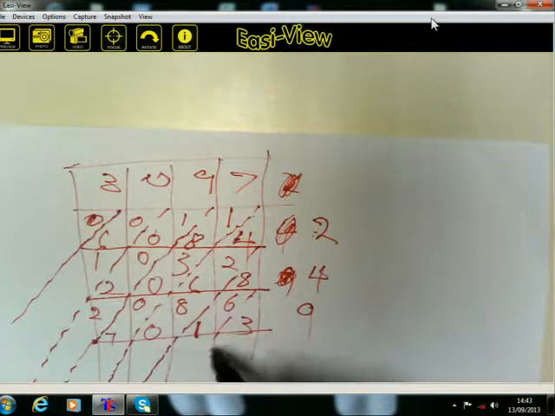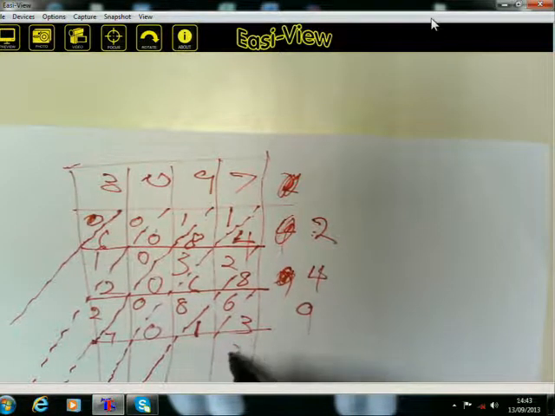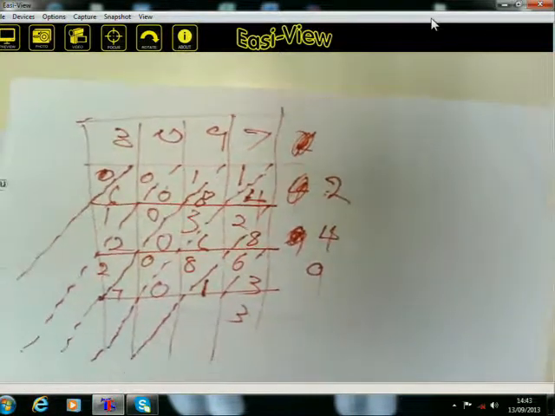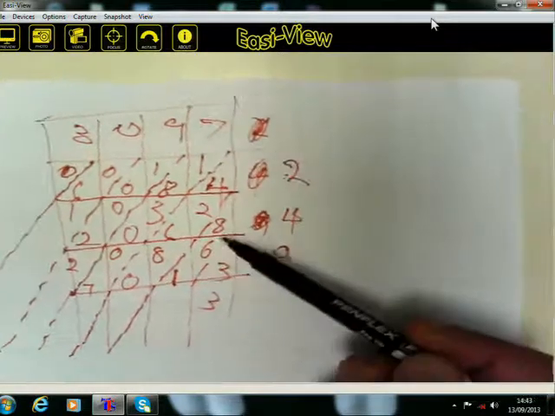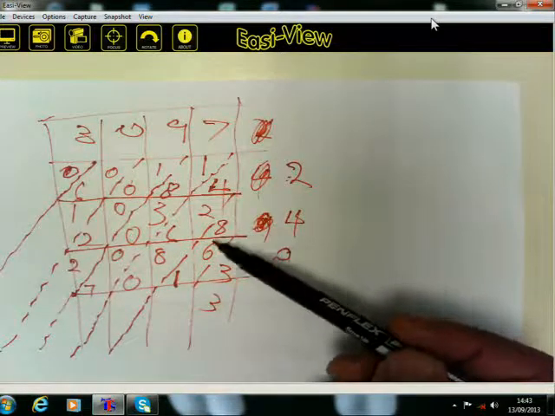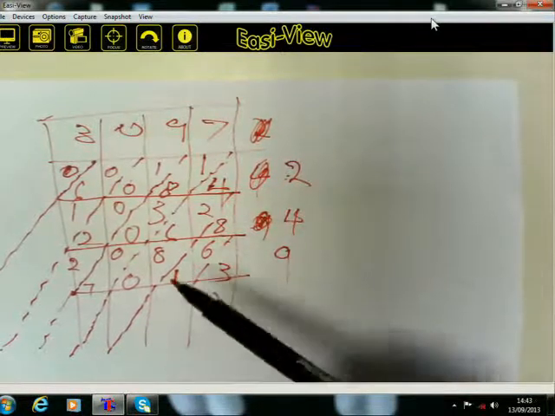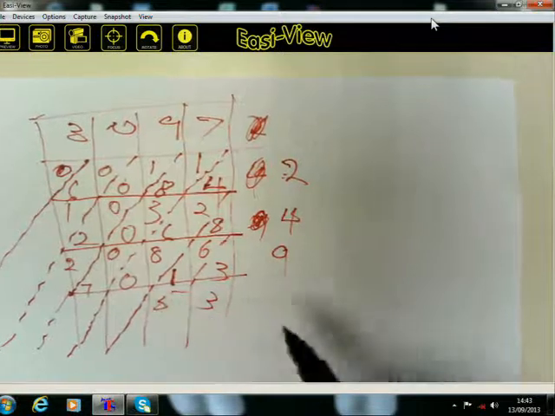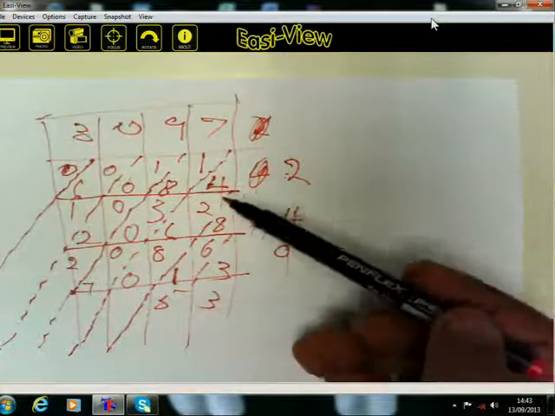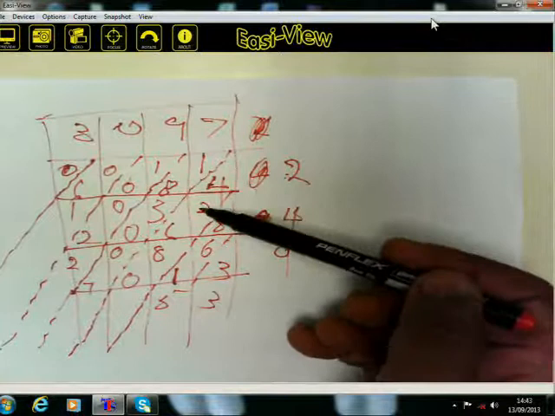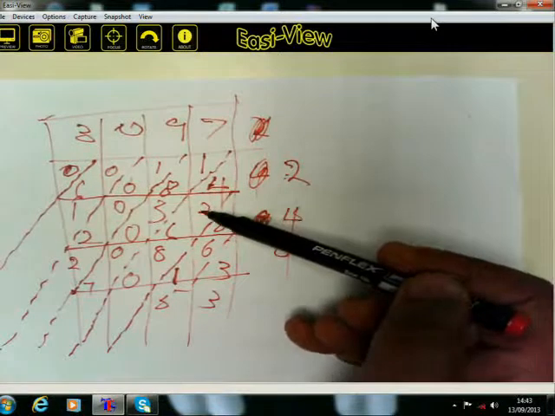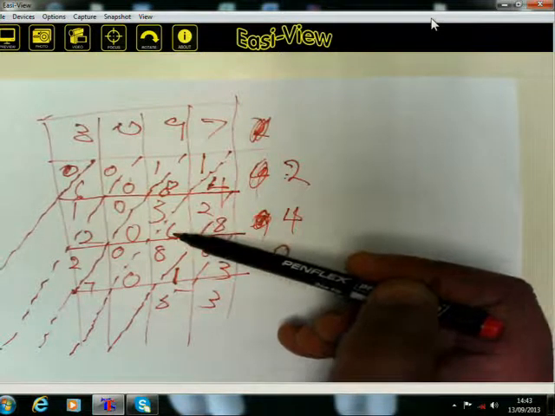Now you bring your numbers. You say it's 3. Then 8 plus 6 is 14, plus 1 is 15. You carry 1. You come to that one. 4 plus 6 is 10, plus 1 is 11, plus 9 is 20.